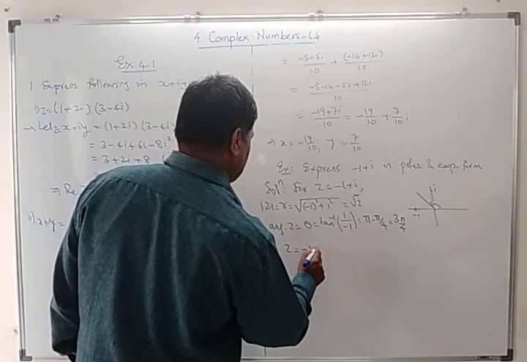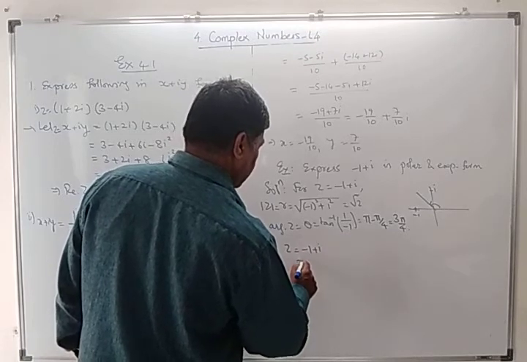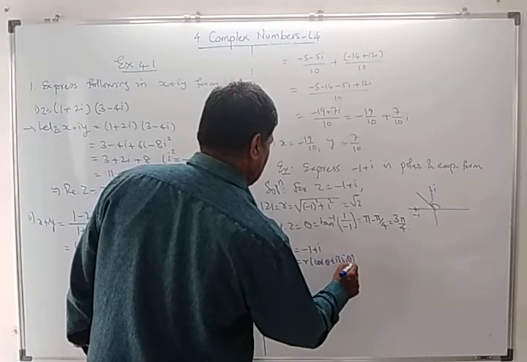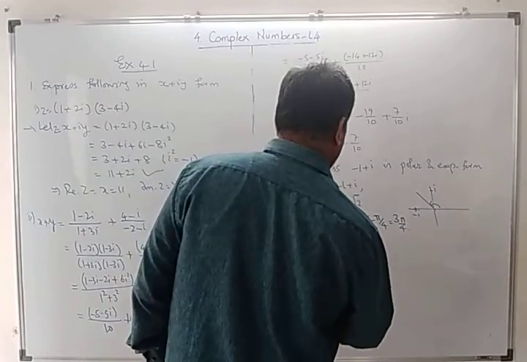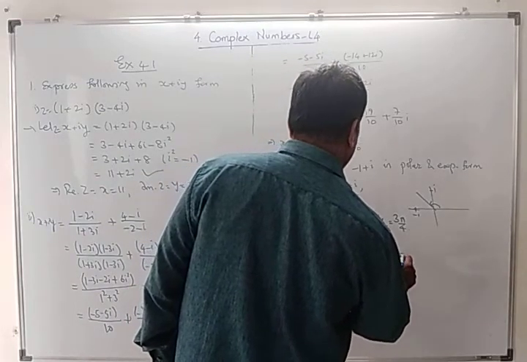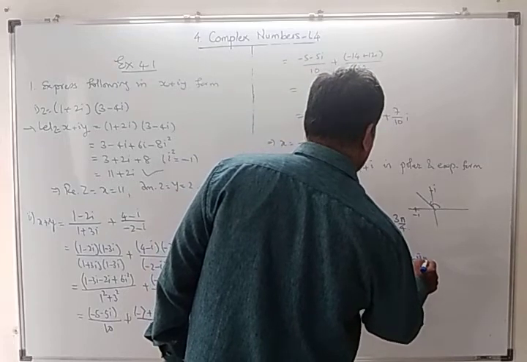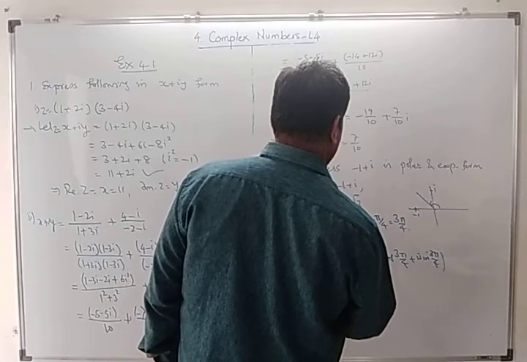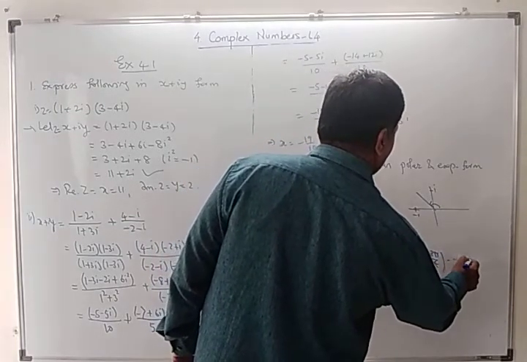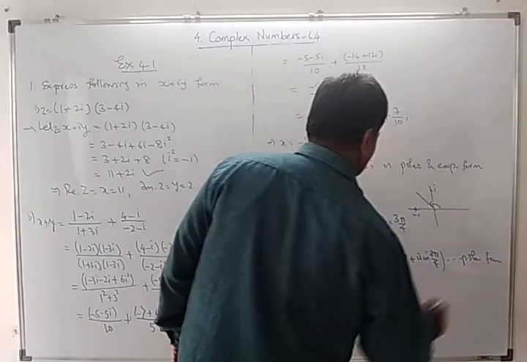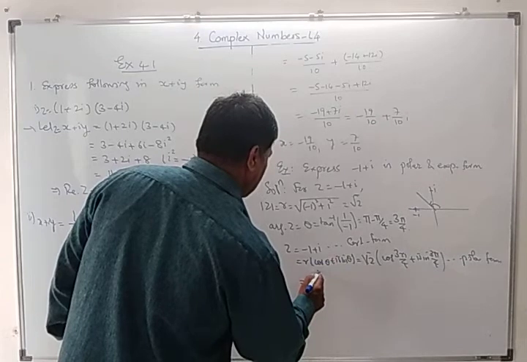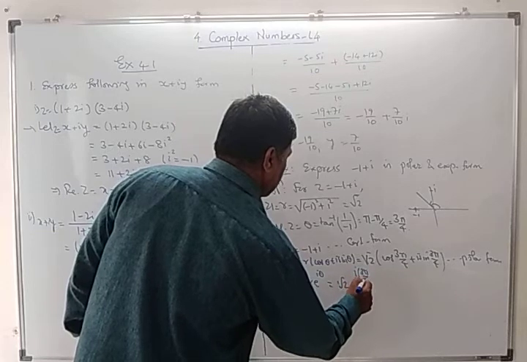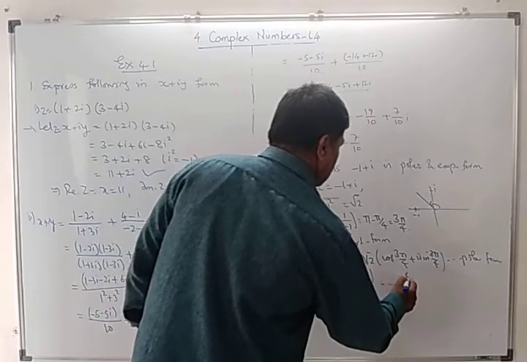Therefore, z = -1 + i = r(cos theta + i sin theta) = √2 (cos 3pi/4 + i sin 3pi/4). So this is your Cartesian form, this is polar form, and if I write it as r e^(i theta), then it is nothing but √2 e^(i 3pi/4).